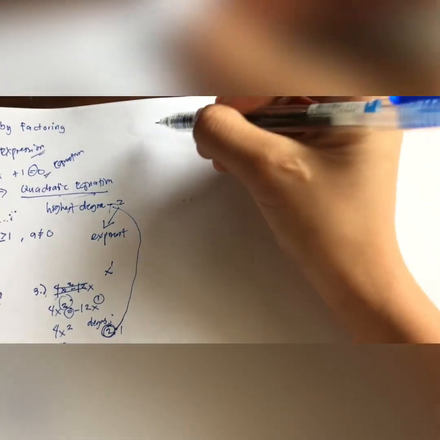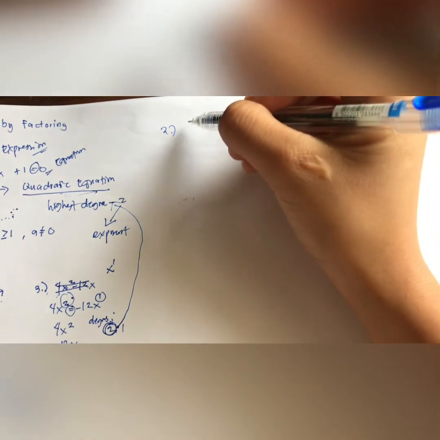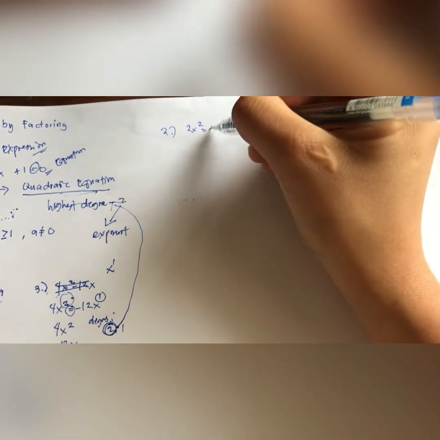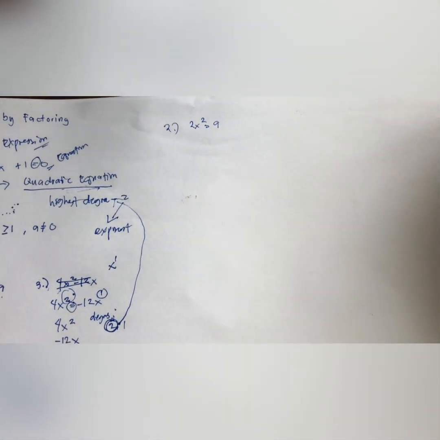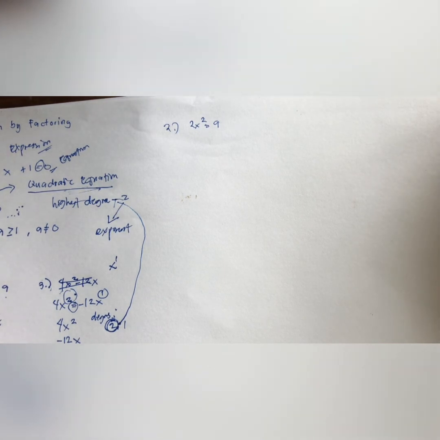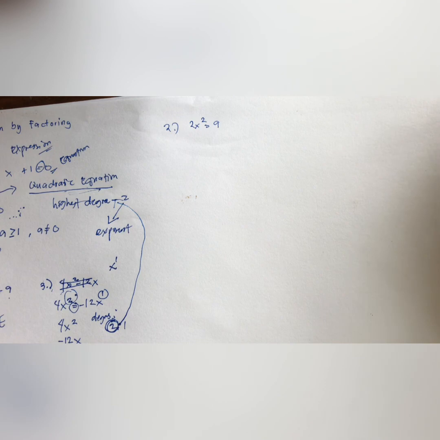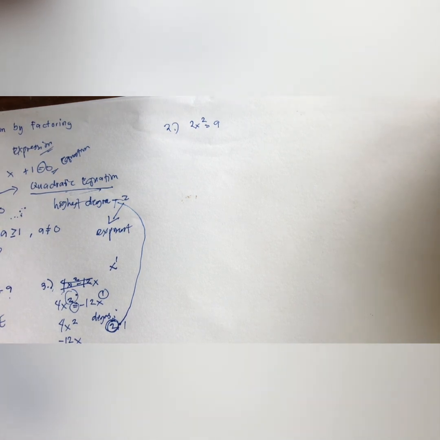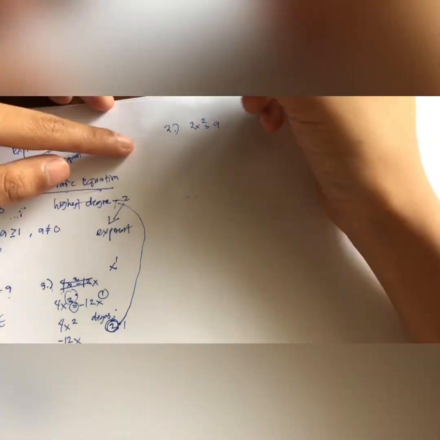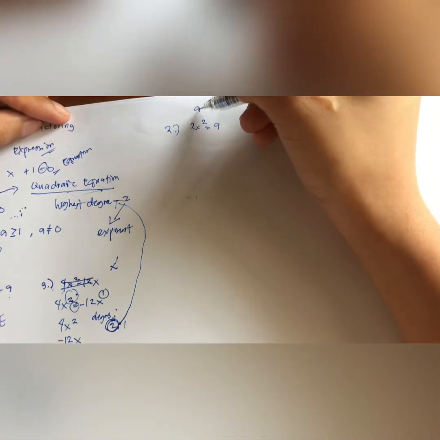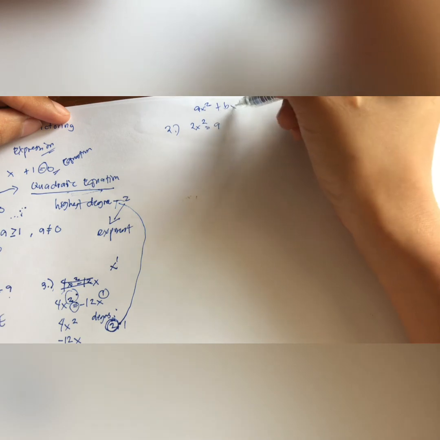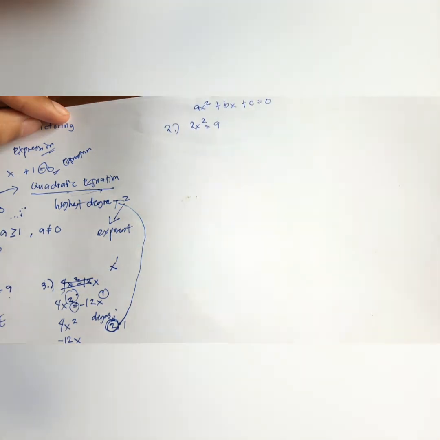Now, on our second equation, number 2, we have 2x squared equals 9. Diba? That is a quadratic equation since the highest degree or the highest exponent is 2. So, i-transfer na pod nato, i-convert nato siya into quadratic equation. So, unsaon man nato pag-convert ng quadratic equation, di ba ang quadratic equation that is ax squared plus bx plus c equals 0.